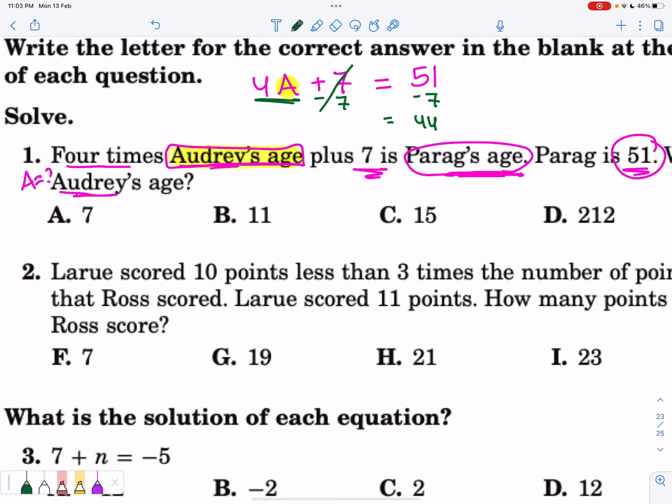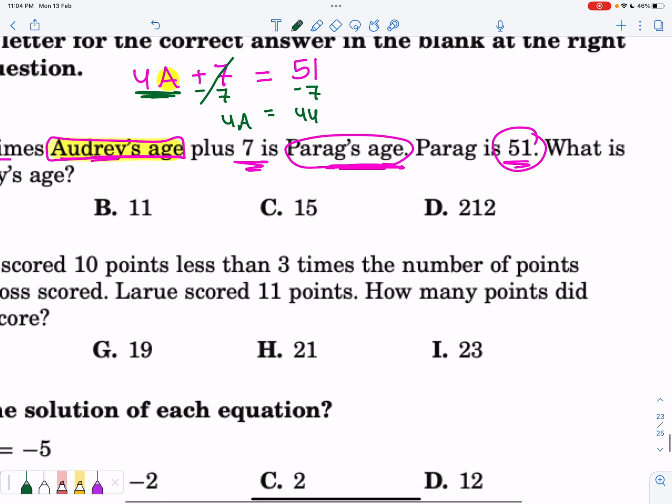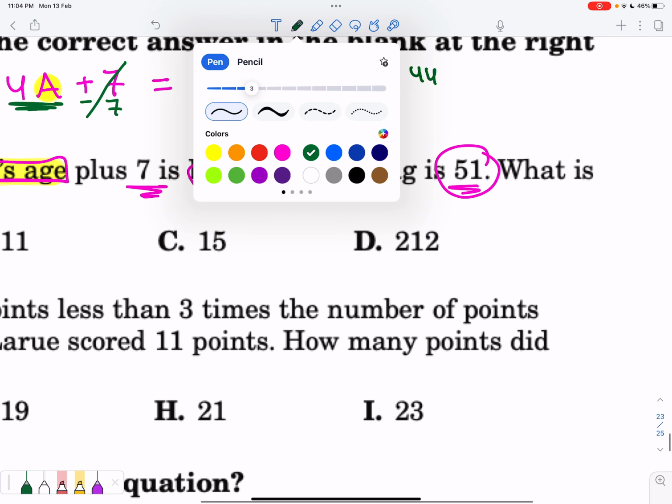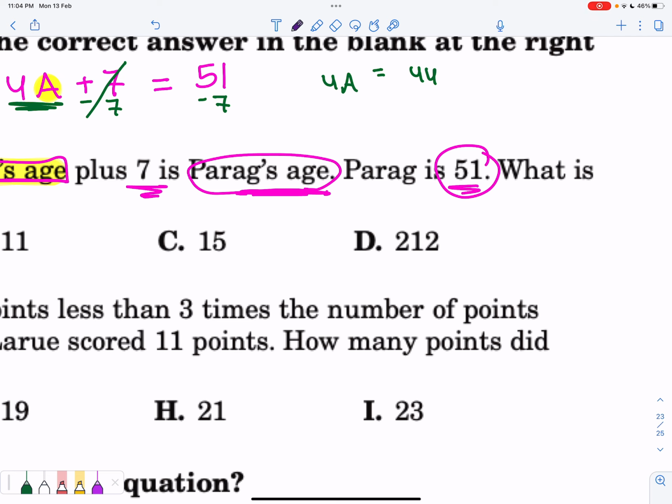It equals 4a. Now we have a simpler equation: 4a is equal to 44. Of course, the 4 is multiplied by A, so we need to solve that by dividing, the opposite or inverse operation. So I will divide both sides by 4.